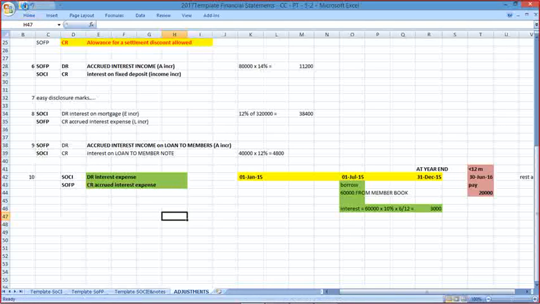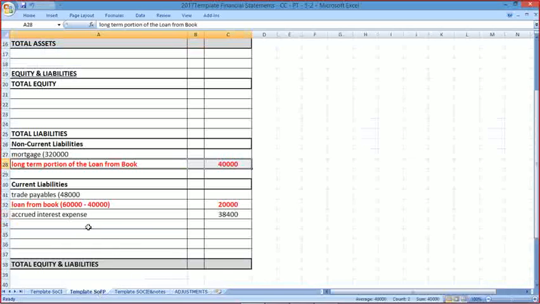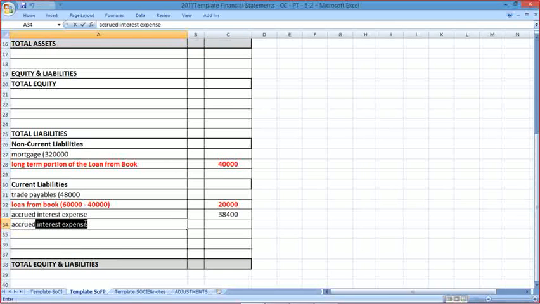So let's record 3,000 in the financial position as an accrued interest expense. Again, you can group them if you want to. I'm keeping it separate. 3,000 for the interest, right? Yep. Okay, and then there's the financial position.